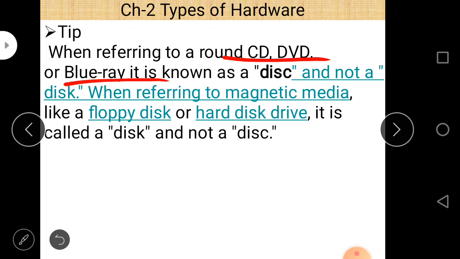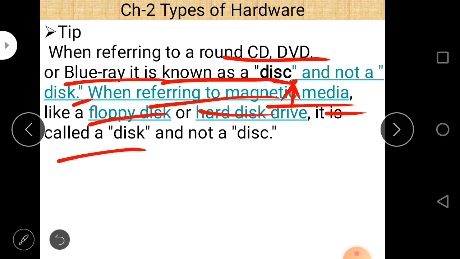When referring to a round CD, DVD, or Blu-ray, it is spelled disc, with a C, and not disk with a K. When referring to magnetic media like a floppy disk or a hard disk, it is spelled disk with a K, not disc.